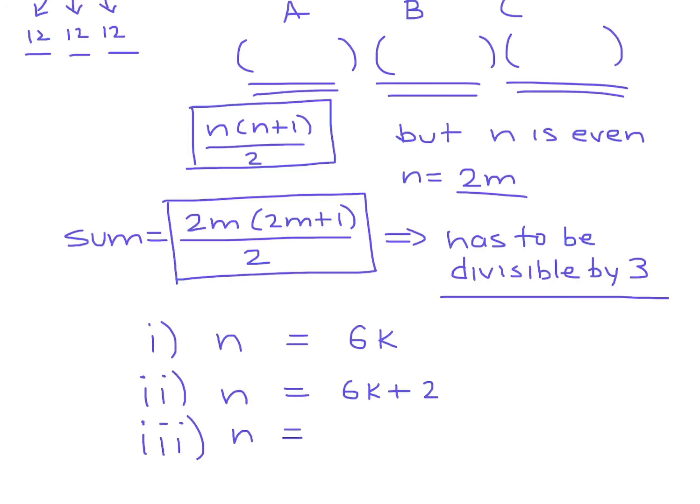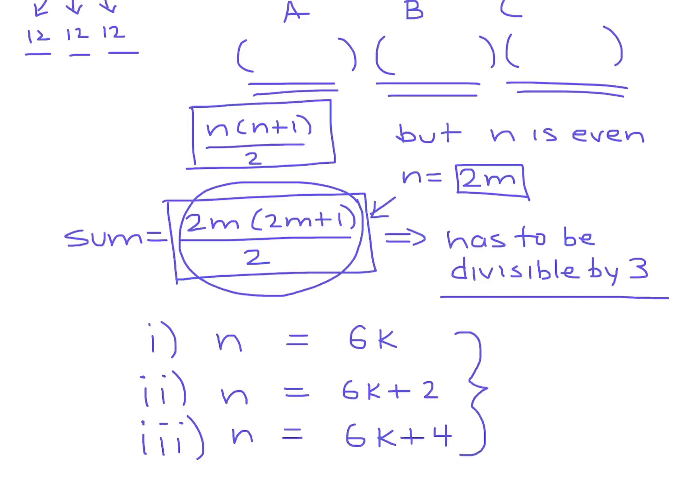And the third possible form is 6k plus 4. These are the only forms that n can have. Why? Because n is even, and once you put it into the sum, this has to be divisible by 3. And that can only lead to n having these 3 forms.